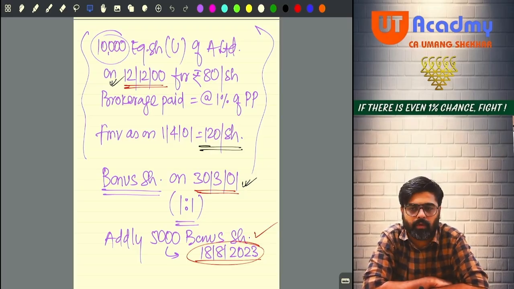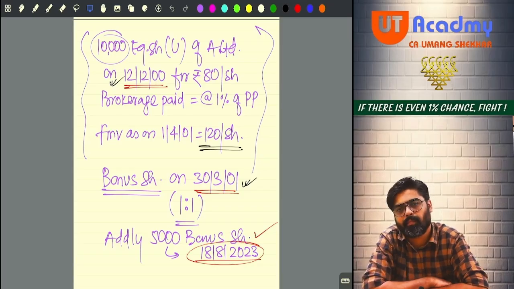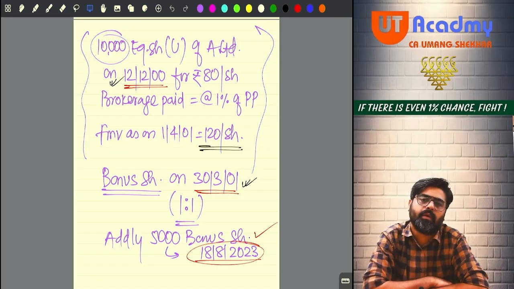Give a paragraph. Write down the FMV of these shares. The FMV of these shares as on 1st April 2001 was rupees 120 per share. Again, paragraph.